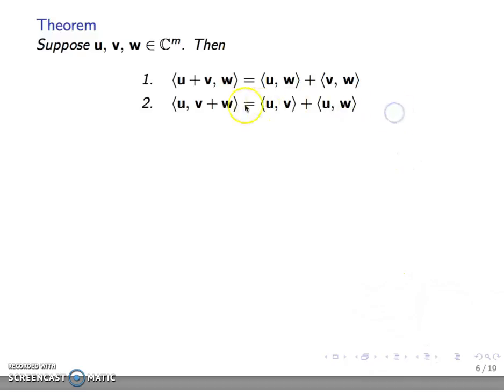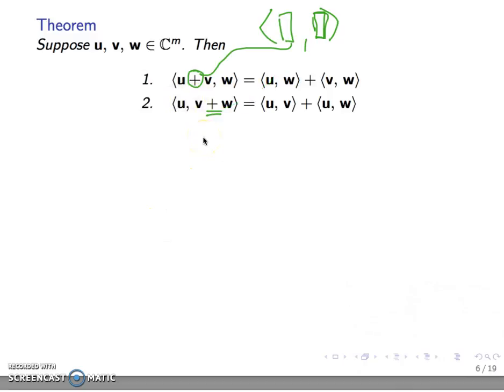We can mention some of those properties if we continue making the point that this operator has two arguments, and these properties have to do with having a sum in one of the arguments. In the first case, there is a sum on argument number 1, and if there is addition on the first argument, that breaks the inner product into the sum of two inner products. Similarly, that happens if the sum is on the second argument. That also breaks the inner product into two sums.